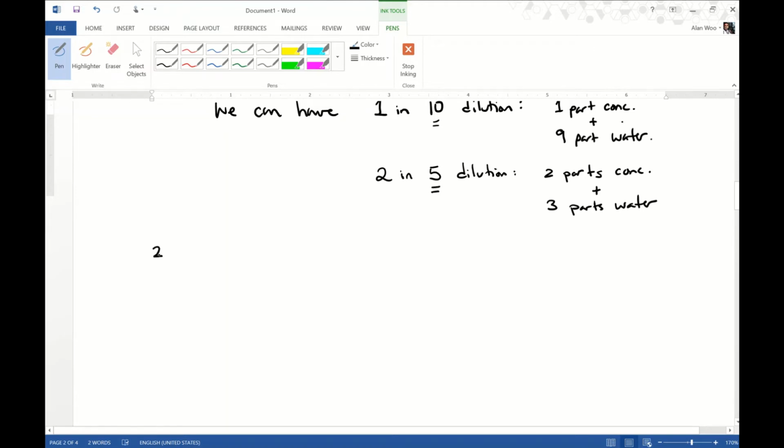The second method of diluting is a little bit trickier, but it utilizes this parts dilution concept. Okay, it's called serial dilution.